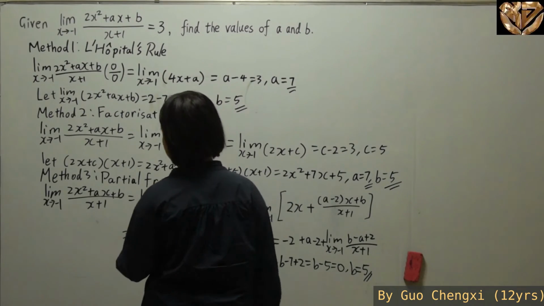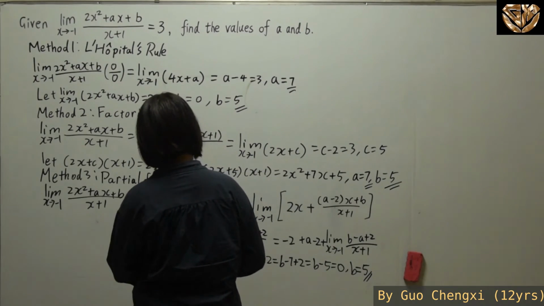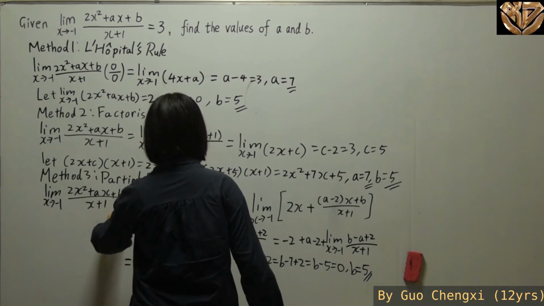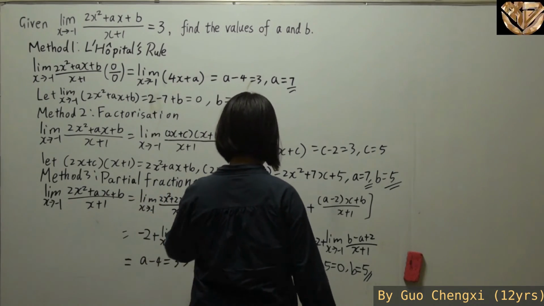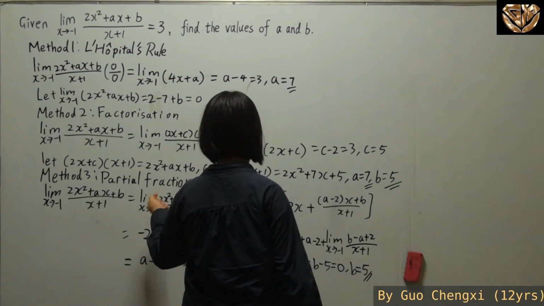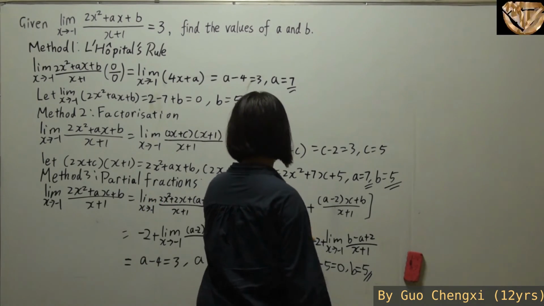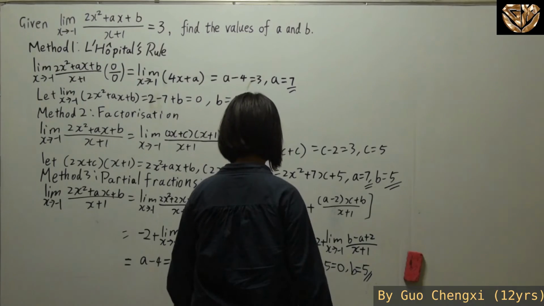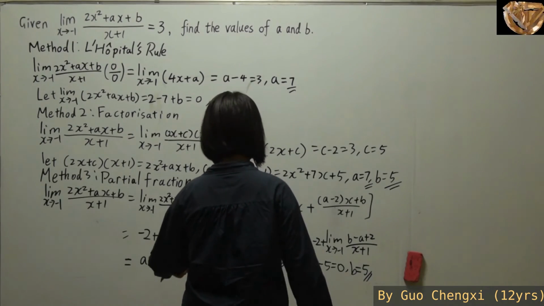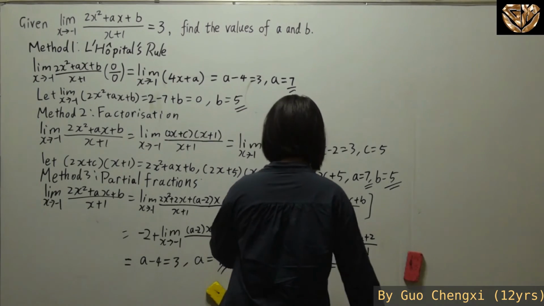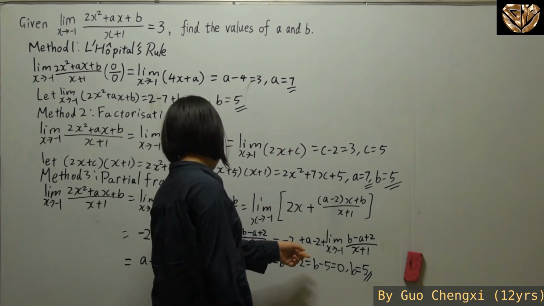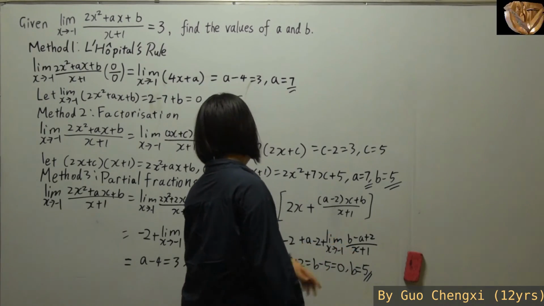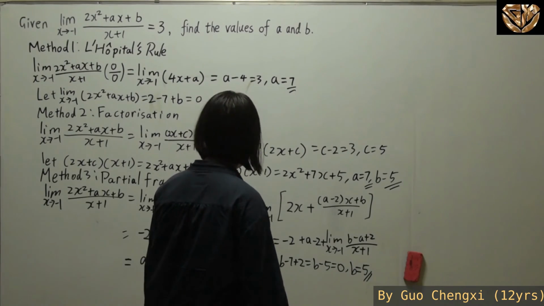While the last method we used was just partial fractions, whereas we just took each part out from the x squared, where we have the 2x becoming negative 2, and then we take off all the a minus 2 bracket x. Then after that, for this part, we'll have the a minus 2, and we will have the last part, which we cannot take anything out.